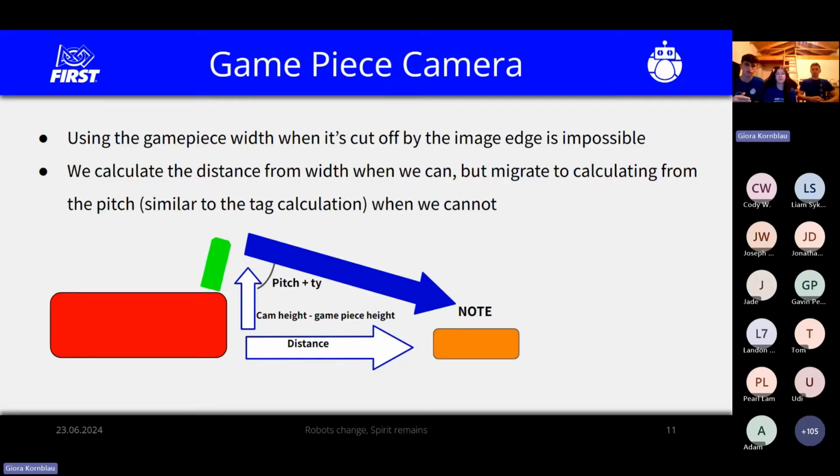The calculation that we're doing based off of height is really similar to the one that we were doing for tags, but now we take the camera height and subtract from it the game piece height instead of the other way around.